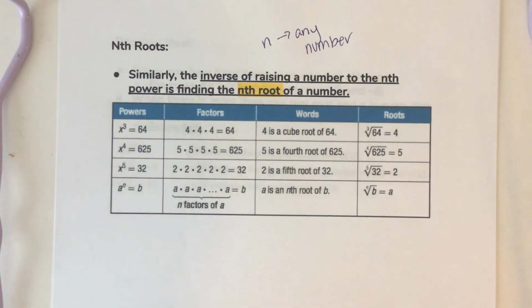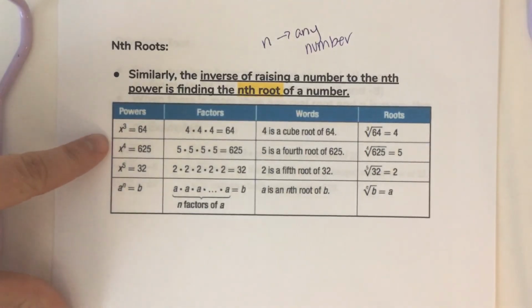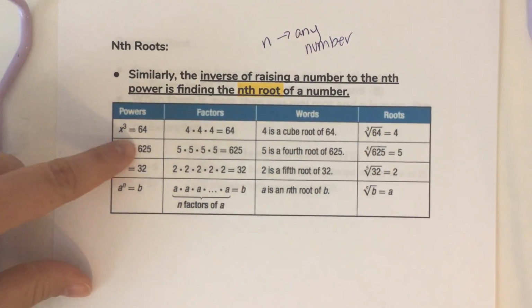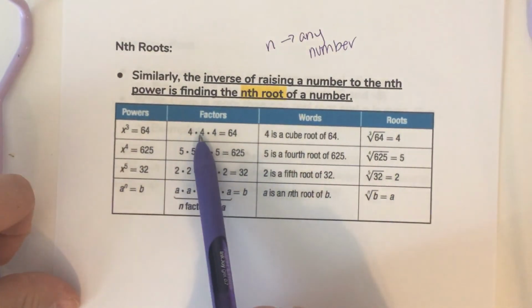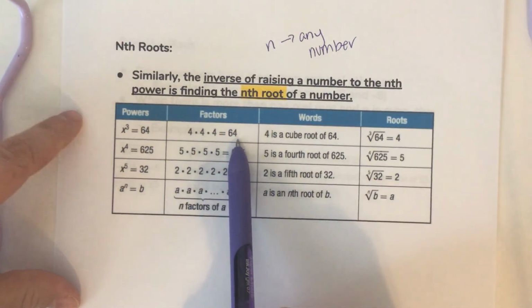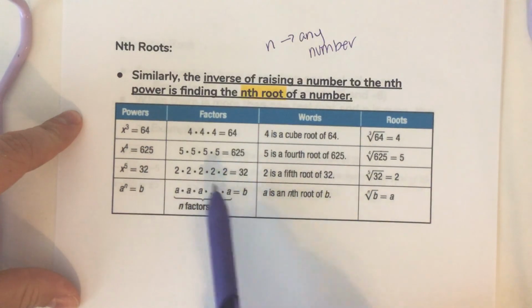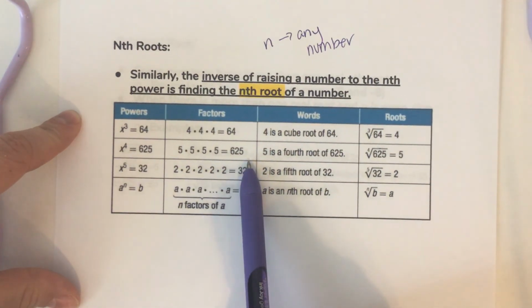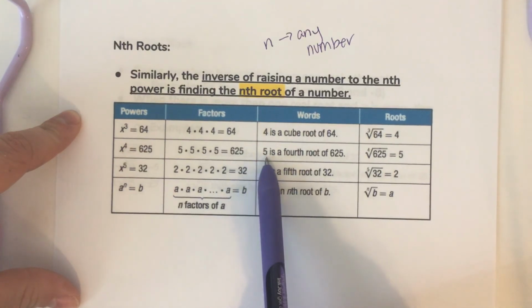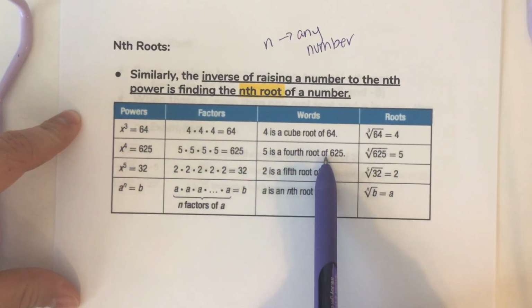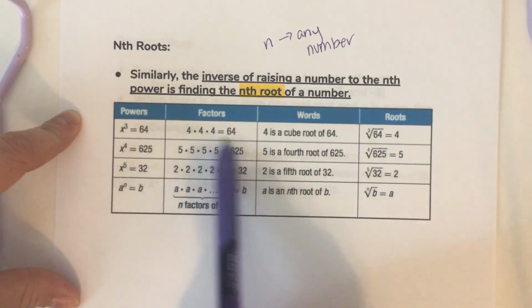And then here are some examples. If we wanted to find the cube root of 64, well, we know that 4 times 4 times 4 equals 64, which means the cube root of 64 is 4. Same here, 5 times 5 times 5 times 5 is 625. So 5 is the fourth root of 625 because there are 4 of them.